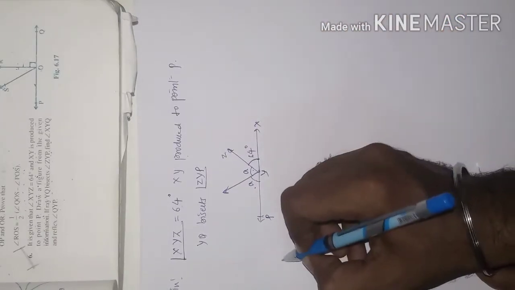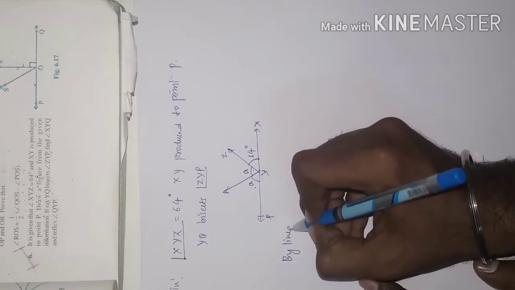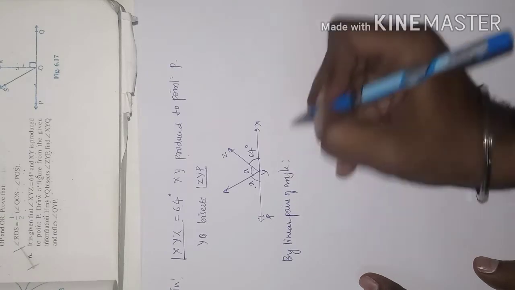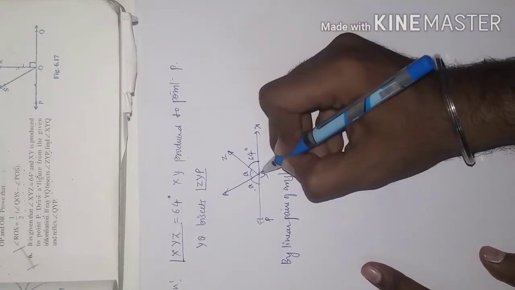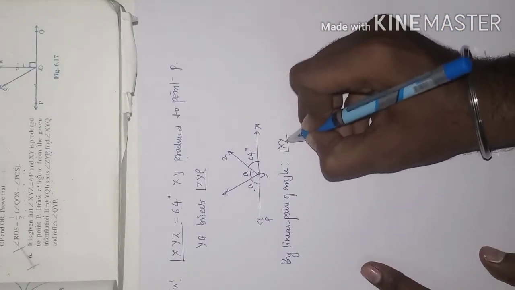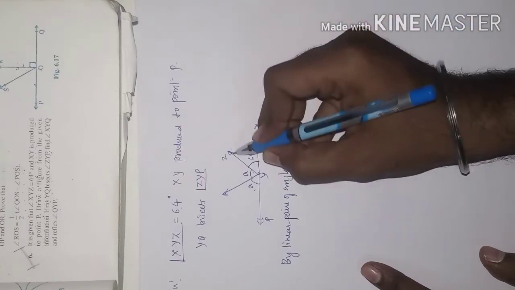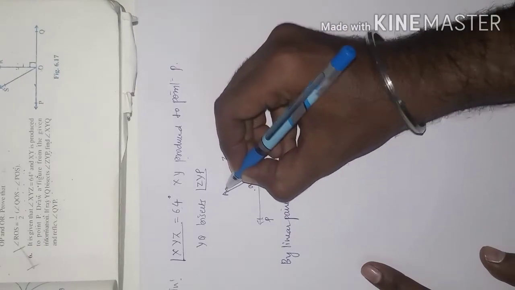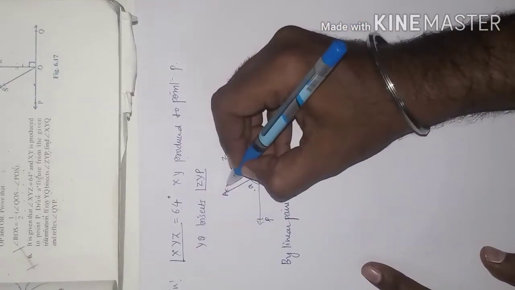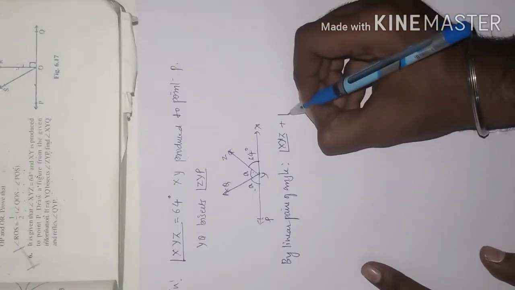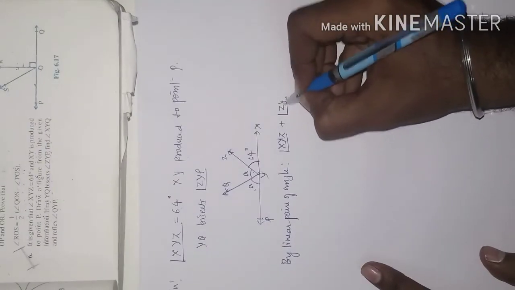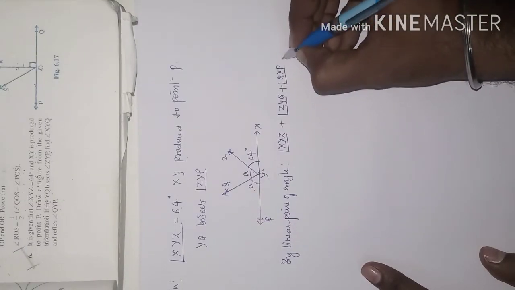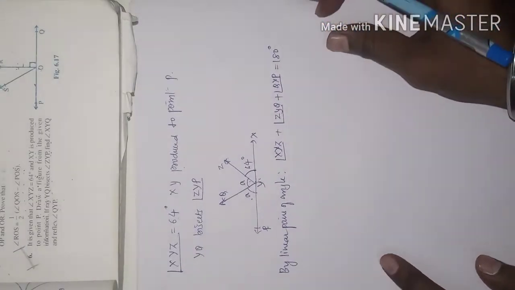Now by linear pairs of angles, angle XYZ plus ZYQ, where XY is equal to YQ, and ZYQ plus QYP is equal to 180 degrees.